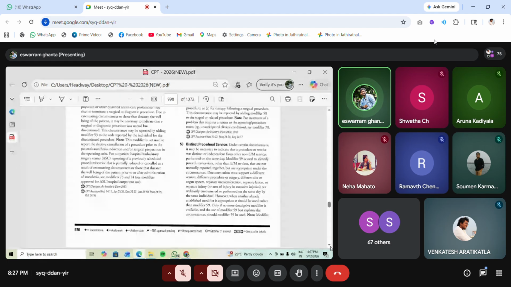59 is most commonly used by the E&M team, the evaluation management team. Suppose a patient visited the hospital just for an office visit or for evaluation management, and at that session, if any procedure had been done by the E&M team, what is the duty of the E&M team actually?